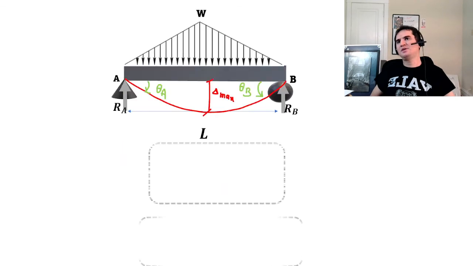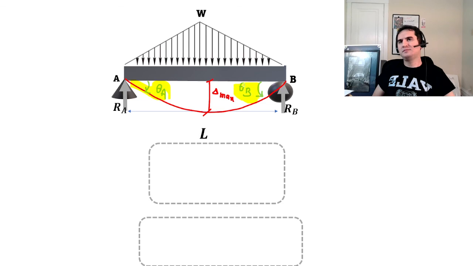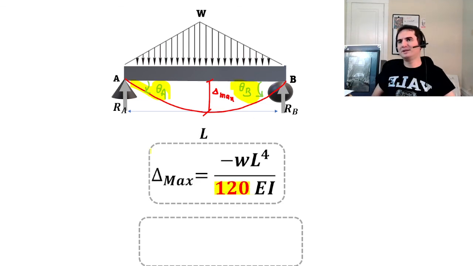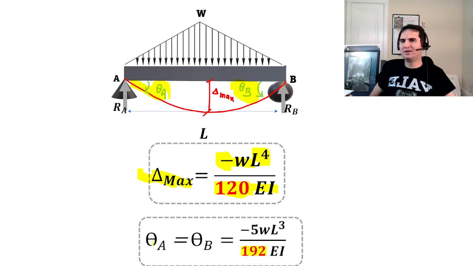And at the same time, if you calculate the theta for each of them, you go by the area under moment. It gives you a delta max of negative W L to the fourth over 120 EI, and also theta A equal to theta B, which is negative 5 W L cubed over 192 EI.